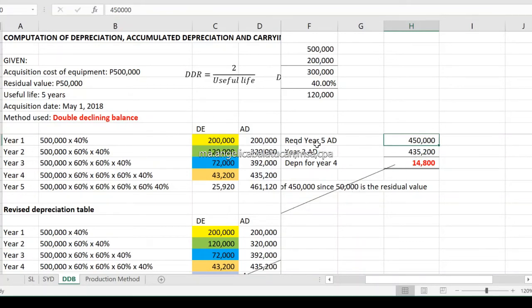So again, the required year 5 accumulated depreciation should be 450,000. And as of year 4, our accumulated depreciation is 435,200.